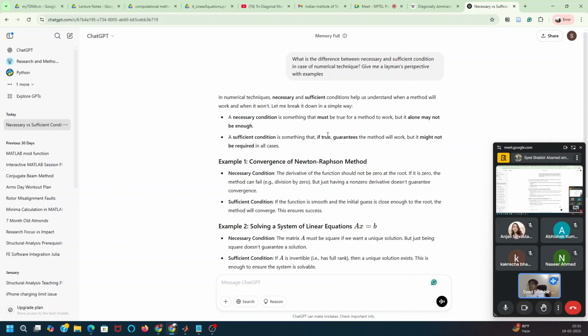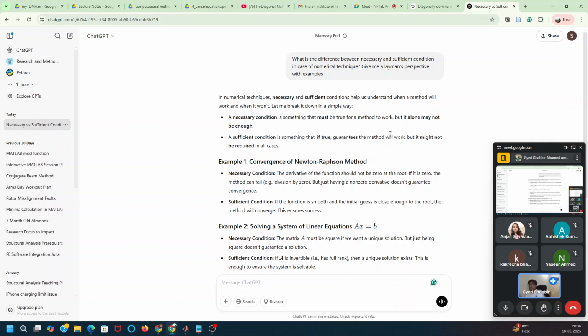A sufficient condition is something that, if true, guarantees the method will work. So when I say that my matrix has to be diagonally dominant, if a matrix is diagonally dominant, the method will converge for sure. But it might not be required in all cases.